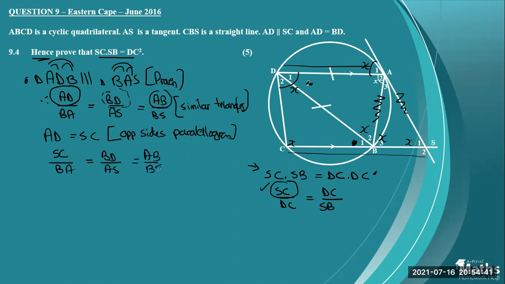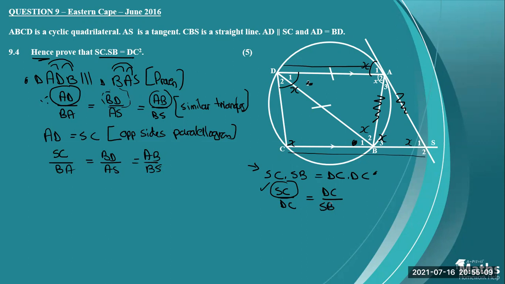Okay, the rest I just rewrote everything. What can we do maybe with AB? AB is equal to AS. AB is equal to AS. But that's not really going to help me. Yeah, I don't have an AS.